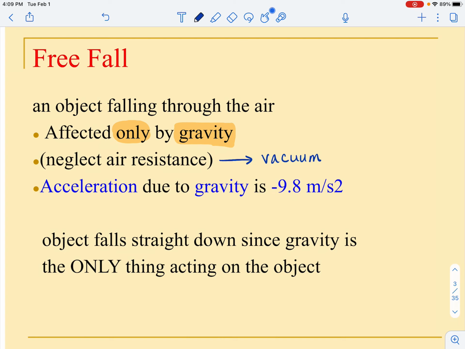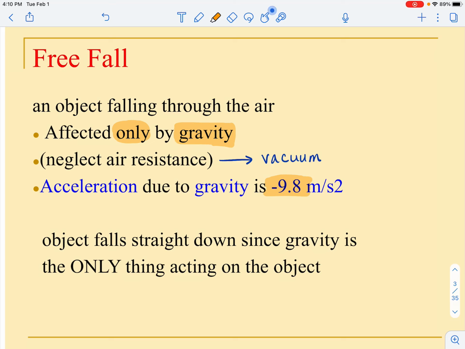So just to review, acceleration is the rate of change in velocity over time. So when we say that the acceleration due to gravity is a negative 9.8 meters per second squared, what this means is that my object is going to change its velocity by a value of 9.8 meters per second for every 1 second of time.